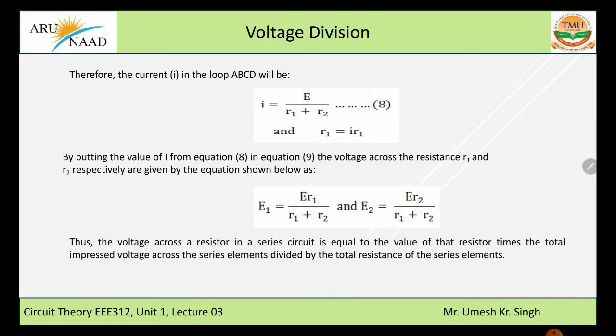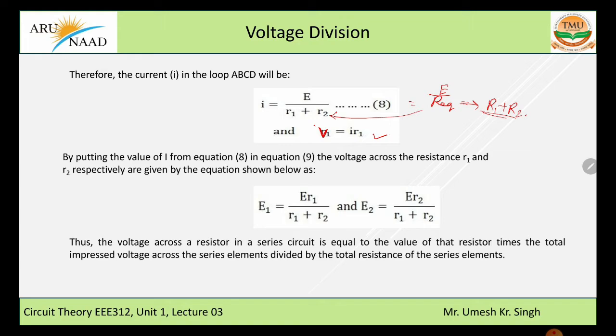Now how can we find the total current? The total current is nothing but E upon the equivalent resistance, and both these resistances are connected in series, so the value will be R1 plus R2. So I is equal to E upon R1 plus R2, and V1 is equal to I into R1.